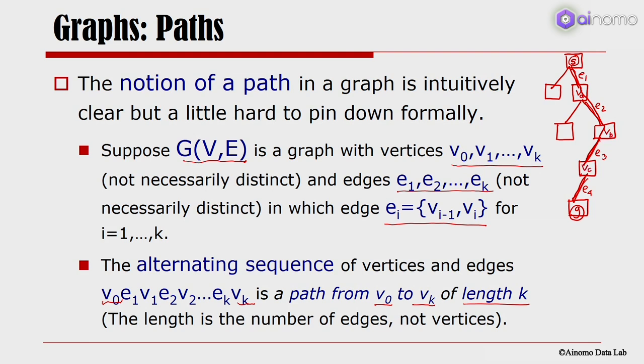So the path from the start to the goal for the given graph would be S, E sub 1, V sub A, E sub 2, V sub B, E sub 3, V sub C, E sub 4 and G. So that's the path in the given graph.